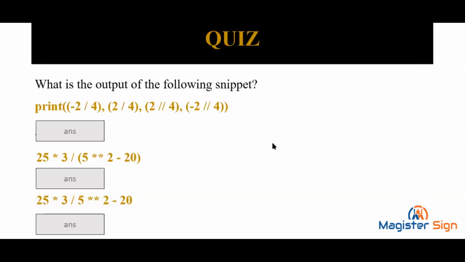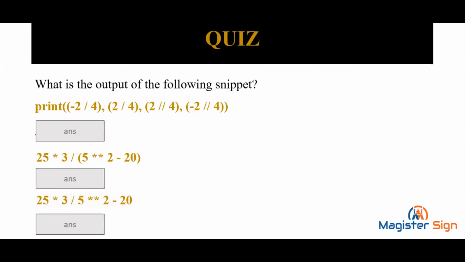Okay, so I'm going to walk through this. For the first answer, since you have a single forward slash, it will be -2 divided by 4, which should be -0.5. And since -0.5 is less than 0, the value returned will be -0.5 precisely.